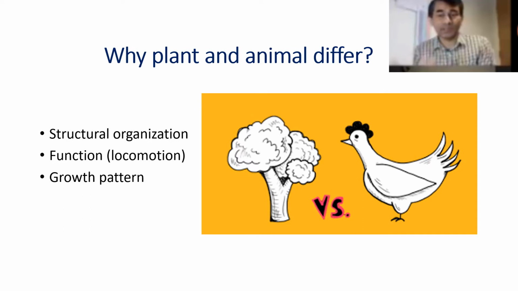And another difference is that plants have a simple structure. They have simple organ systems, whereas animals, humans and other animals, have very specialized organ systems.